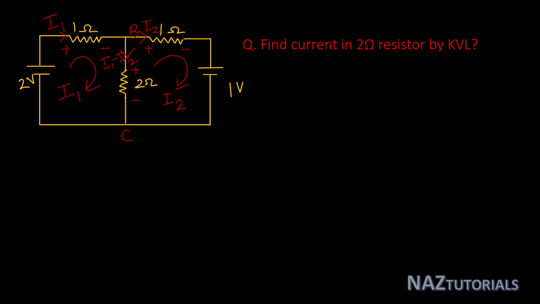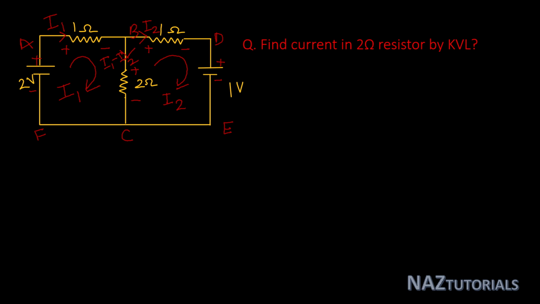And the voltage source polarities you always know, this is plus, this is minus. And if you see the path, this is A, B, C, D, E, F. So you can say there are two loops for current I1 and current I2.